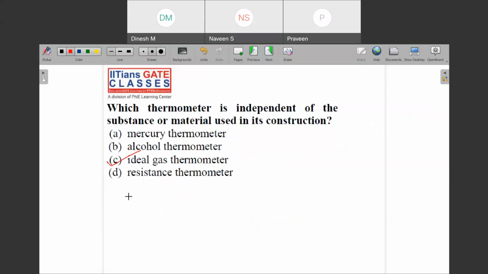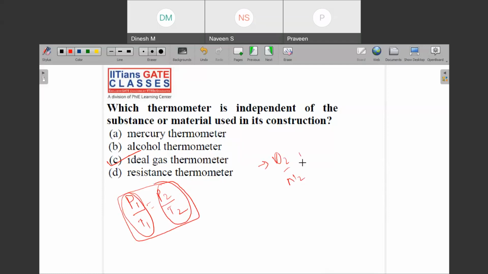Because in ideal gas thermometers, we reach P1 upon T1 is P2 upon T2 for constant volume. So is there any material property involved in this one? No, right? Even if you use oxygen, nitrogen, helium, neon, argon, whatever you are willing to use, there is no property used here.